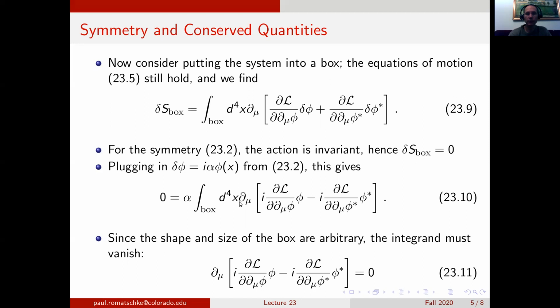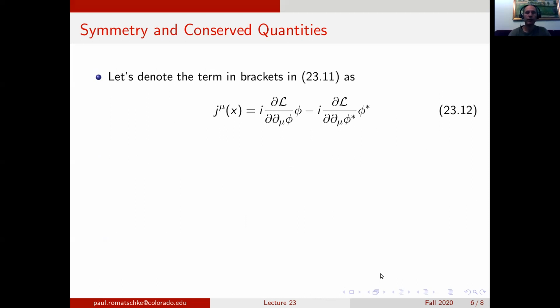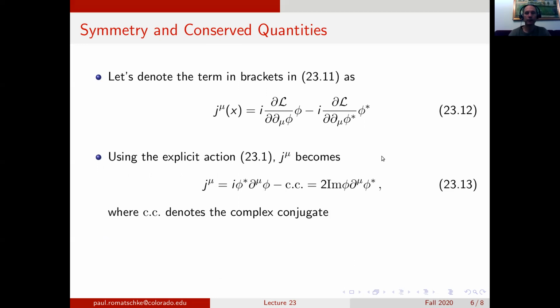So this brings us to the conclusion that this total derivative here has to vanish. We can denote the term in brackets as j mu. So this is just this term in brackets here, j mu of x. And the statement that the action should vanish will be a statement on this term j mu.